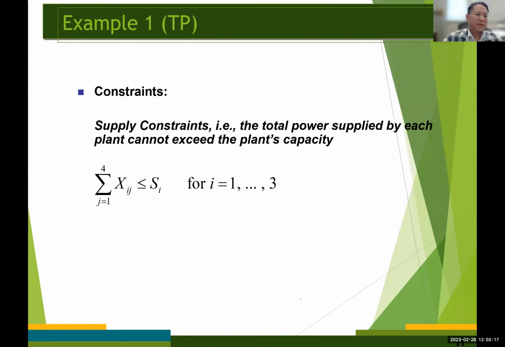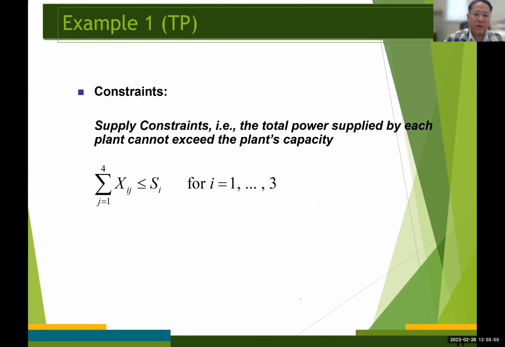Okay, the next is considering the constraints. So those are the restrictions on the values that can be assigned to each decision variable. In our case, the power company faces 2 types of constraints. The first: the total power supplied by each plant cannot exceed the plant's capacity.